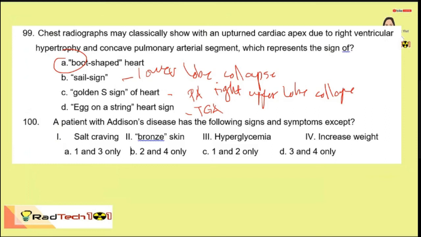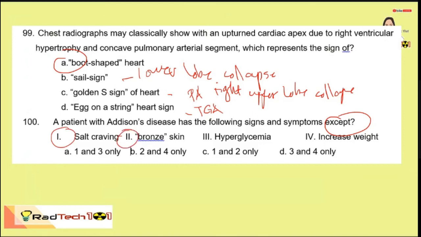And last number, a patient with Addison's disease has the following signs and symptoms except. So Addison's disease is also called adrenal insufficiency. So this is an uncommon disorder that occurs when the body does not produce enough of a particular hormone coming from your adrenal gland. So yung signs and symptoms niya include salt craving and bronze skin.